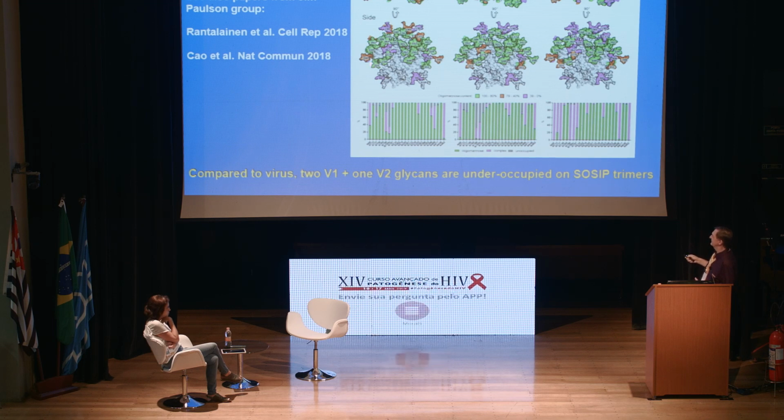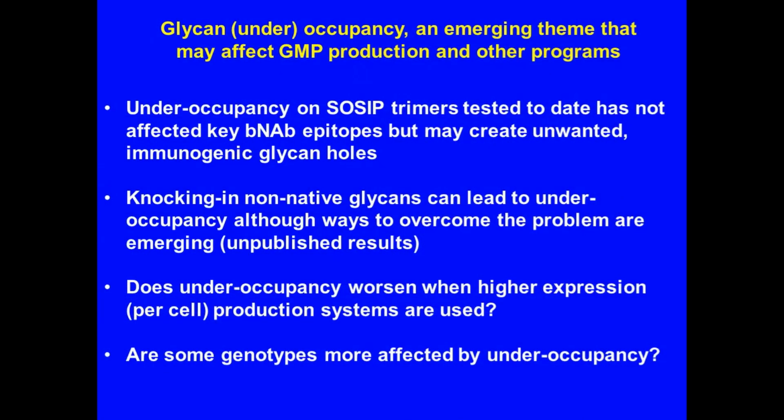So the SOSIP trimers are not perfect representations of what's on the virus because some sites are not fully occupied, but they tend to be in not very interesting regions of V1, so we're not too worried about that. Under-occupancy of SOSIP trimers has not affected any key BNAb epitopes.